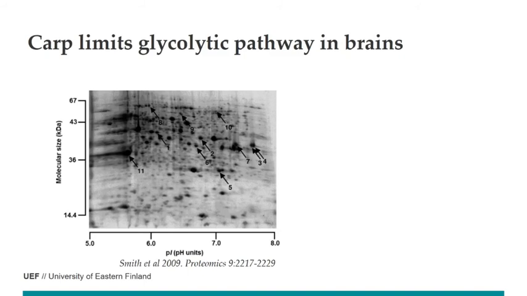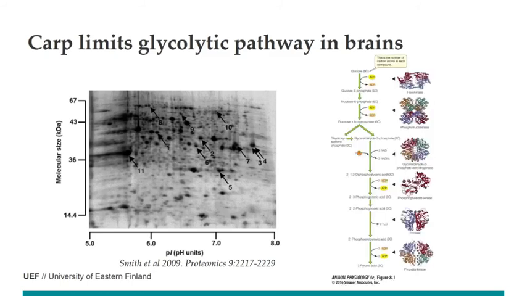Also what happens is that they are limiting the glycolytic pathways. Again, a proteomic experiment: over here you have all the proteins in crucian carp brains, and over here you have the glycolysis.